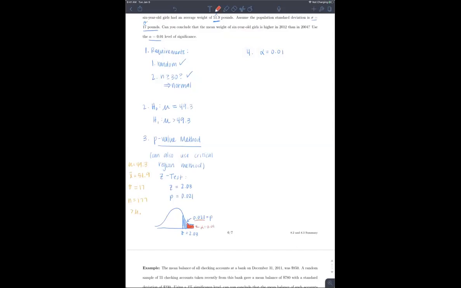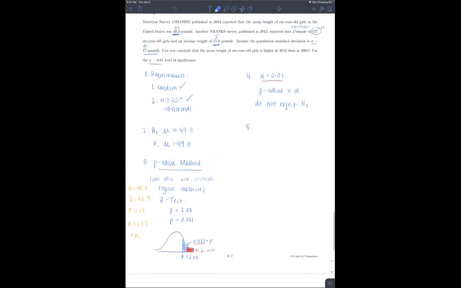And so here, alpha 0.01, my p-value is greater than my alpha. So what is my conclusion? Reject or do not reject H naught? Do not reject. And then the last step is always interpret it. And so here, can you conclude that the mean weight of 6-year-old girls is higher in 2012? So I'm just going to kind of copy that.